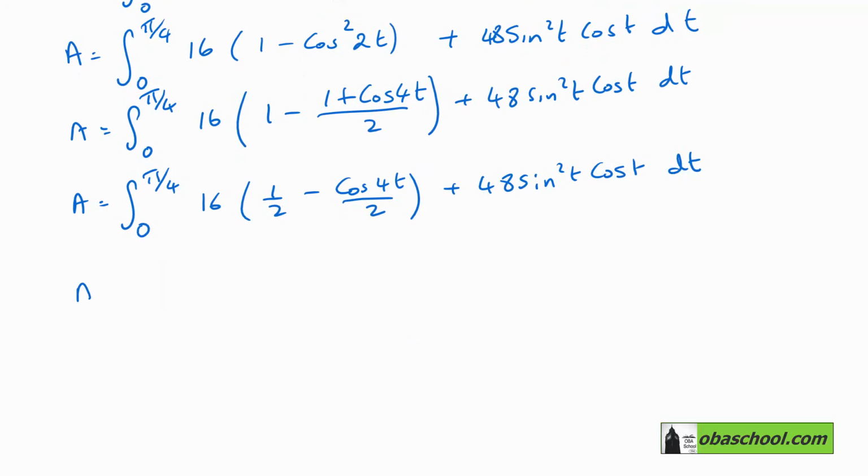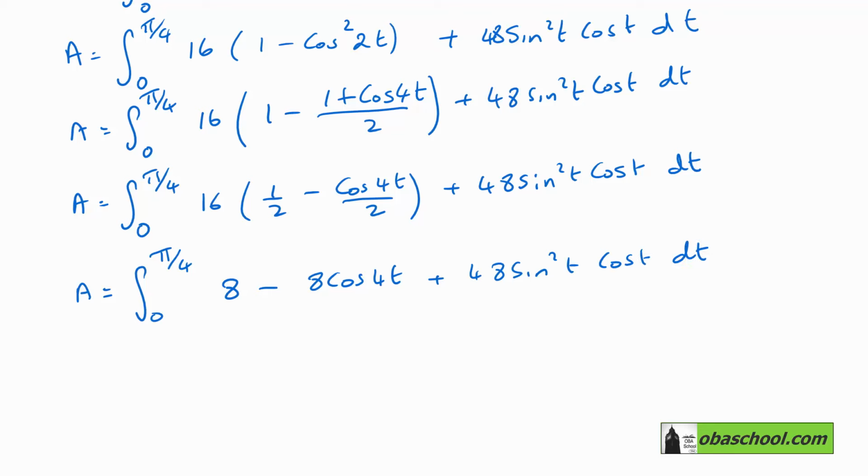And expanding that out is going to give us the integral from 0 to pi by 4 of 8 take away 8 cos 4t plus 48 sine squared t cos t dt, which is what we were trying to show.